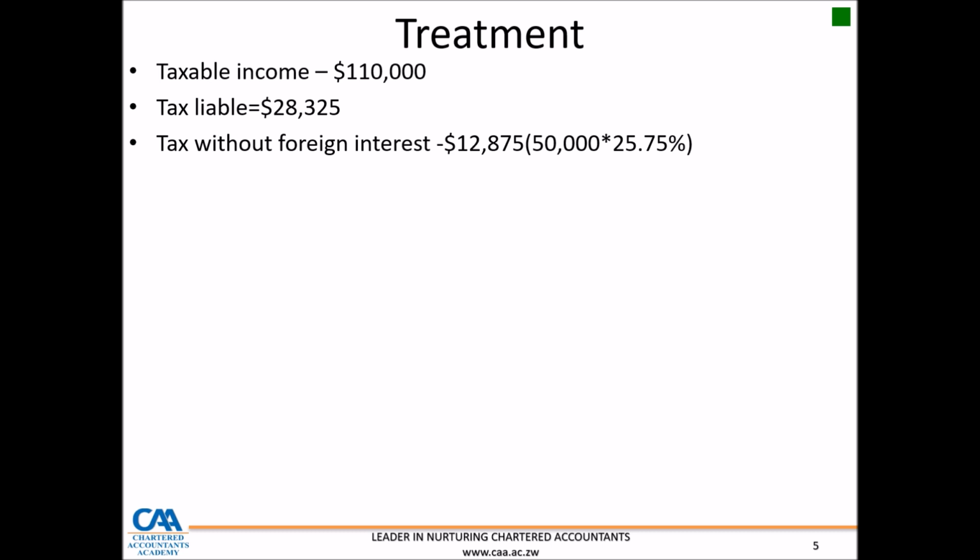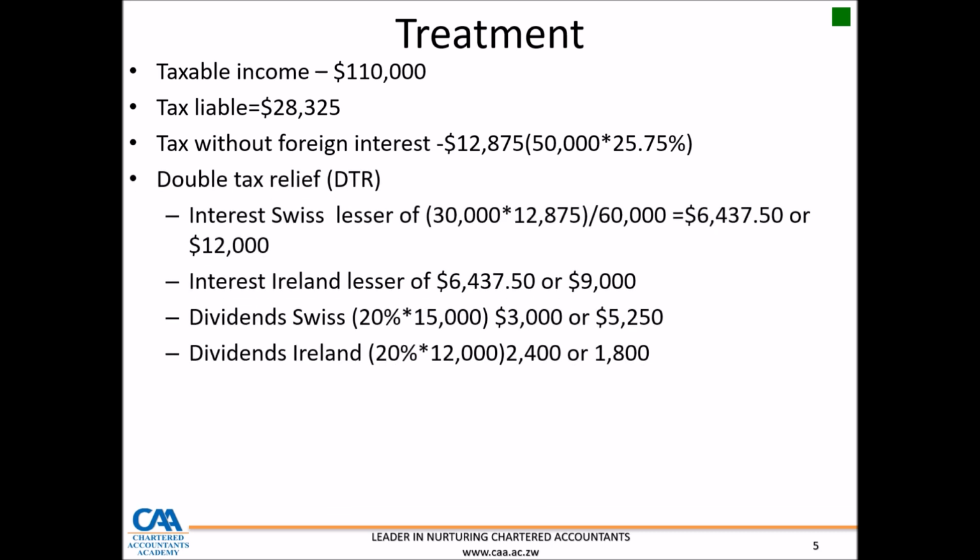If we tax it at 25.75, the amount of tax we pay is 12,875. Remember, dividends are taxable, but they're taxed at a special rate. They're not taxed at the same rate of 25.75, so I'm not including them at this point.